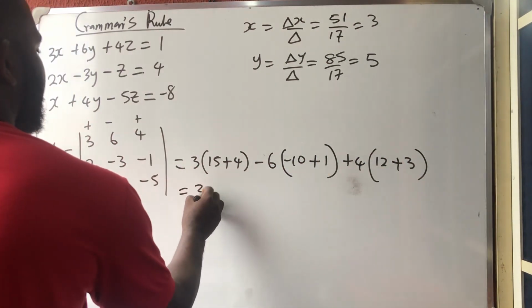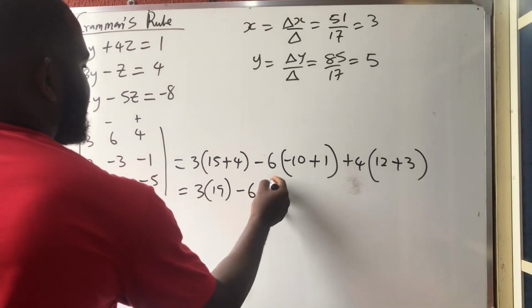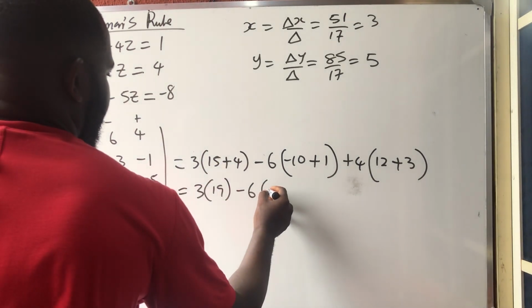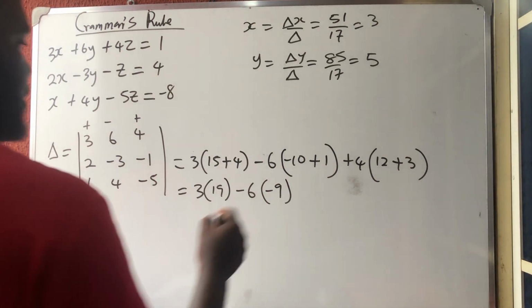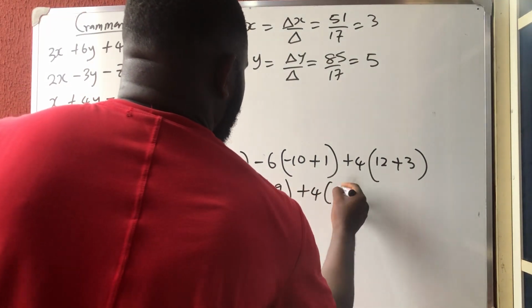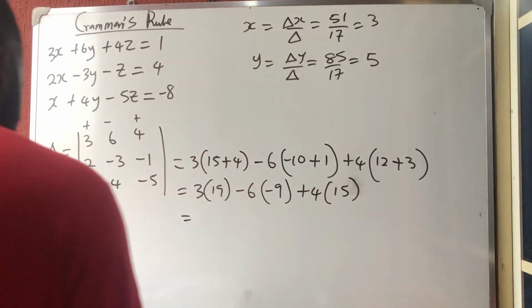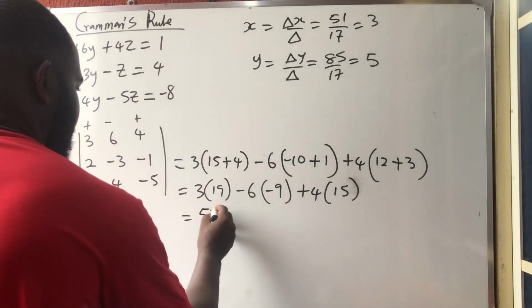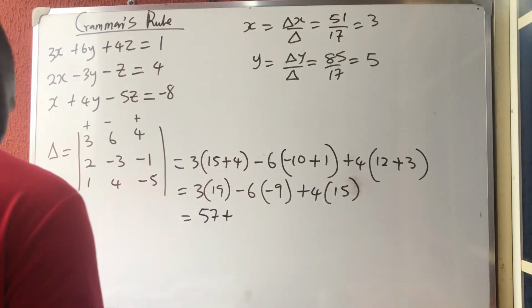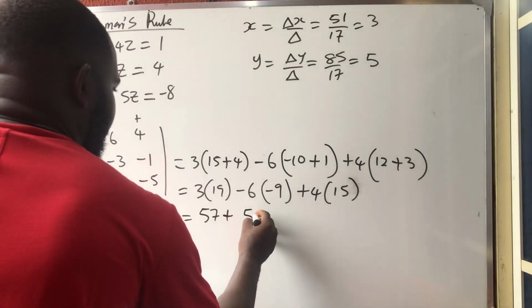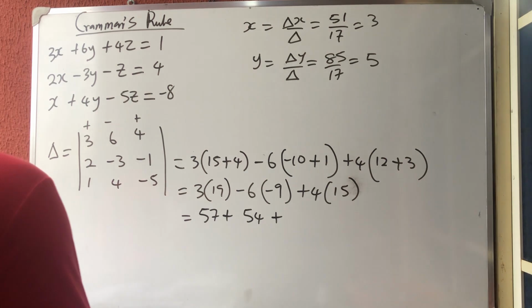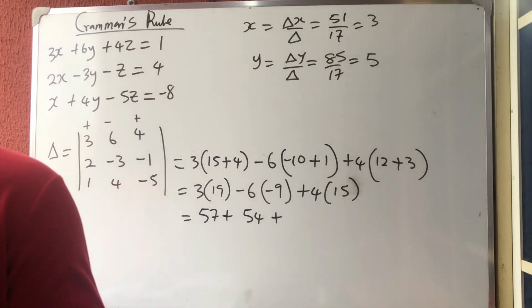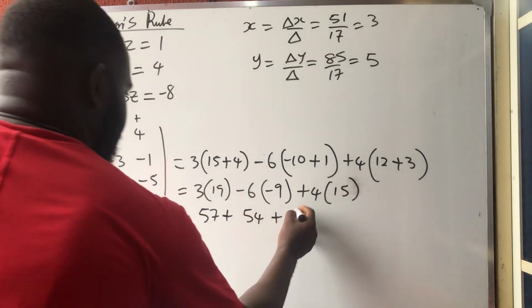So my answer is now 3 bracket 19 minus 6 bracket minus 9, right? Then plus 4 bracket 15. So my answer is now, 19 times 3, I'm having 57 plus 54 plus 60.